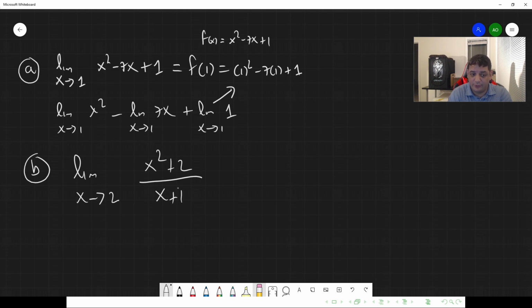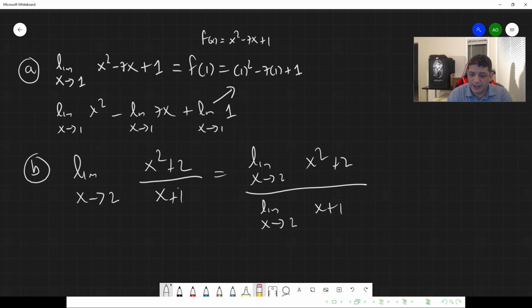Notice that this is a 2. So notice 2 plus 1 is going to be 3. So no, it's not going to cause any issue. So because of that, I can just split this as this. Right? And now I can see, oh, this is continuous, this is continuous.